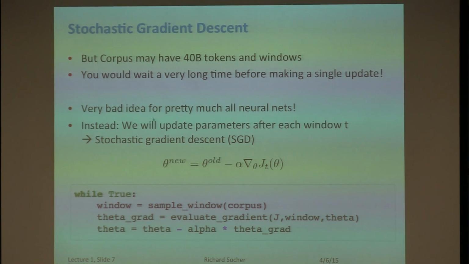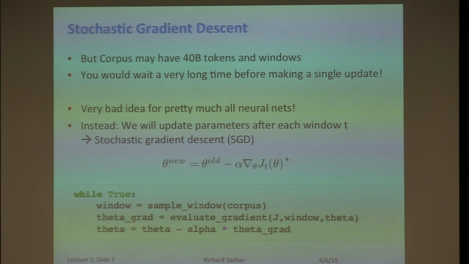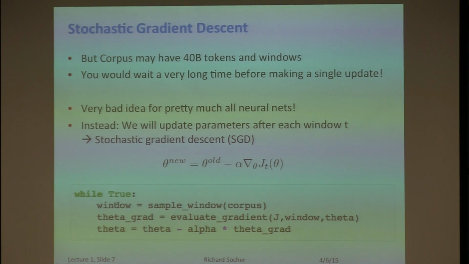We'll write this here as J_t, so it's just the t-th window for the cost function J. And in code, this will look something like this. We'll take a window by sampling one from our full corpus, and then we'll evaluate the gradient only on that window, and then make an update step right away.